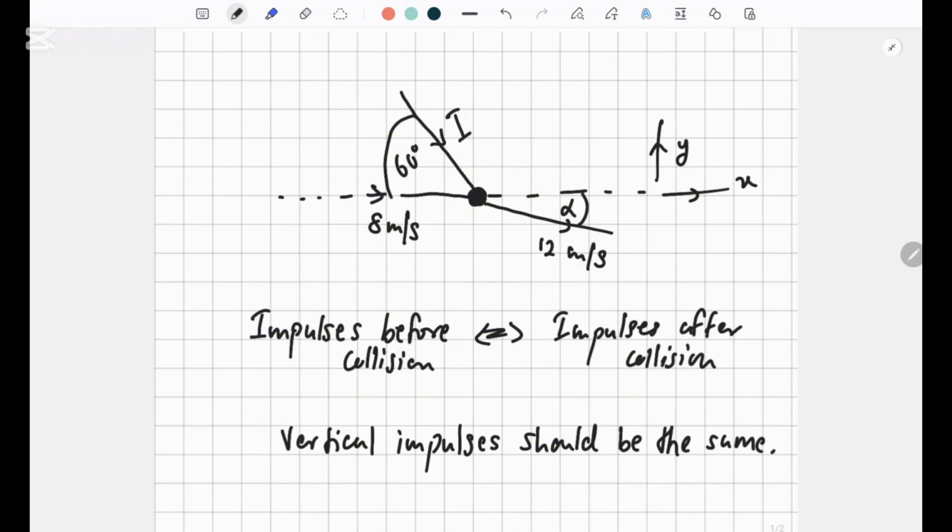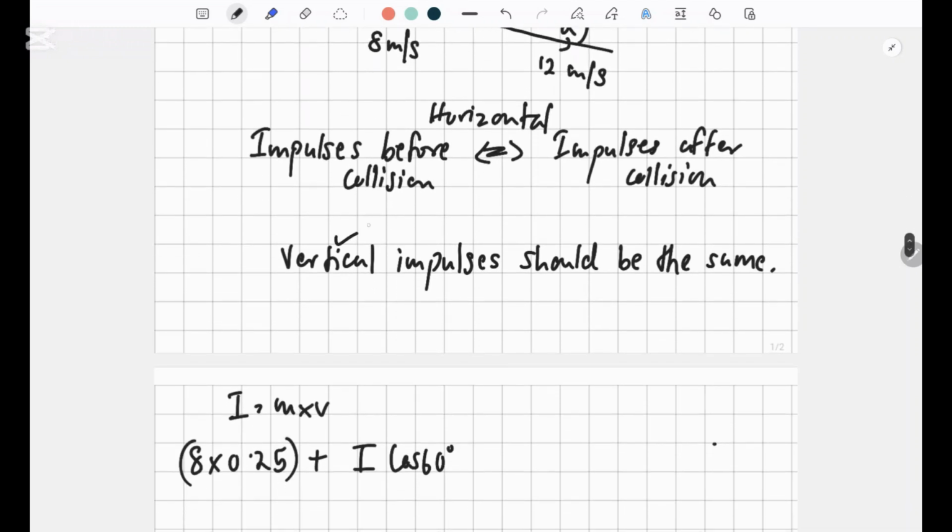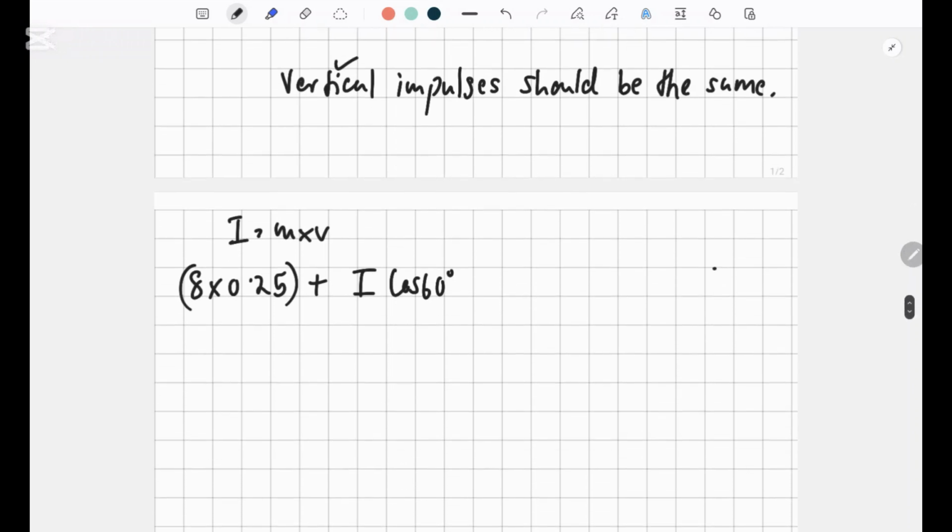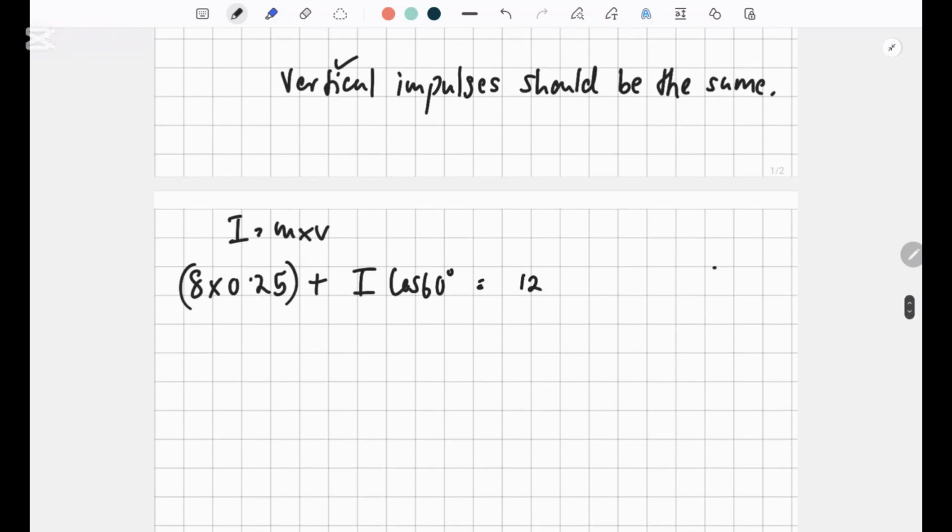And sorry, I forgot to mention, this has to be horizontal, right? This is for horizontal and that's for vertical. So I cos 60 equals 12 cos alpha into 0.25. Now you found your first equation.